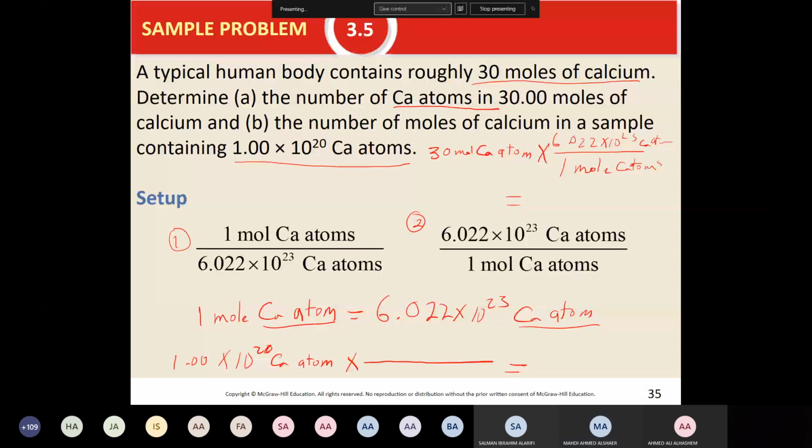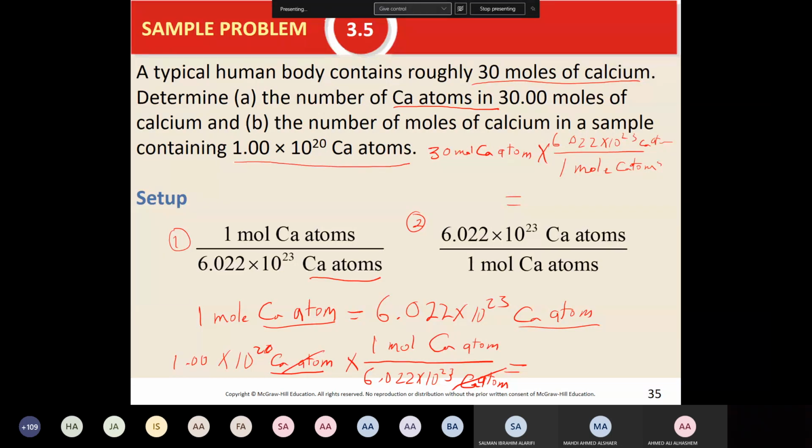I have calcium atom here. I want to get rid of calcium atom from here. So I should say 6.022 times 10 to the power 23 calcium atom, and I get rid of this unit with this unit. And at the top I have 1 mole calcium atom.